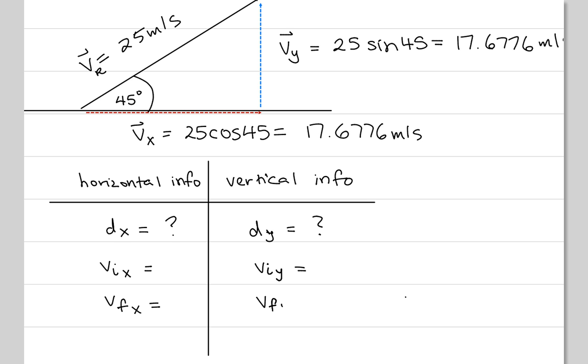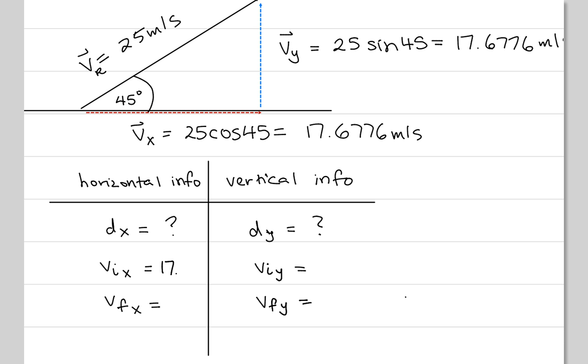Now that it's up here, it'll be better. X on the left, Y on the right. Do we know the initial? Do we know the final? Question? Yep. Okay, do we know these? Do we know these? Yes, we do. What's VIX?